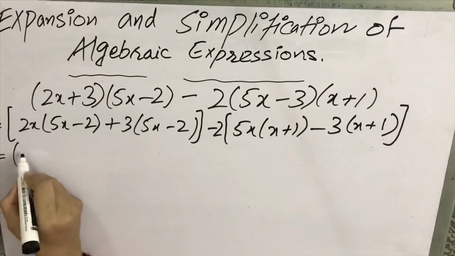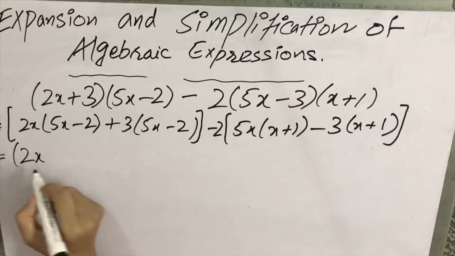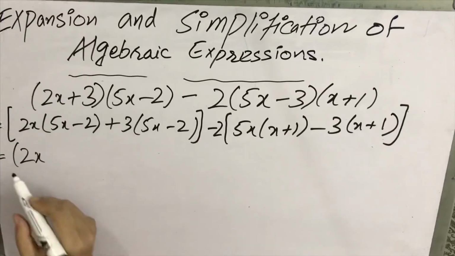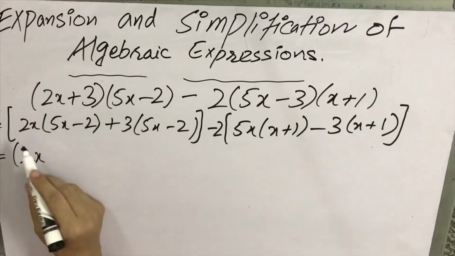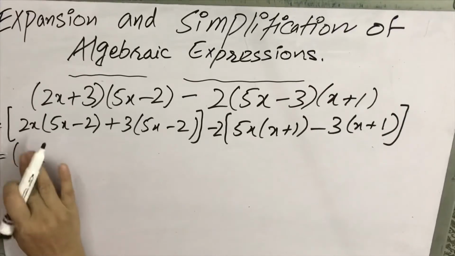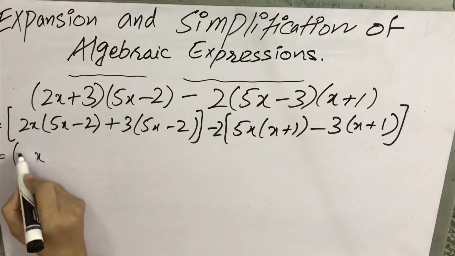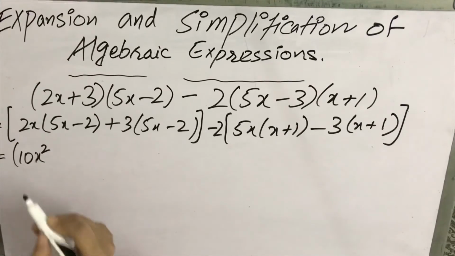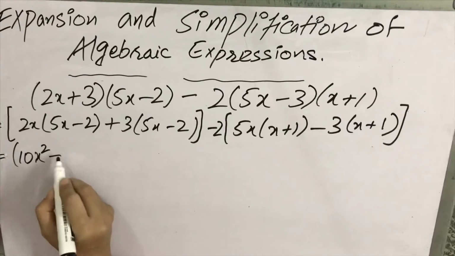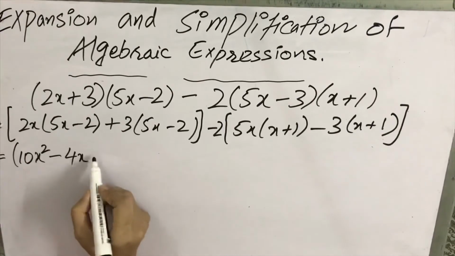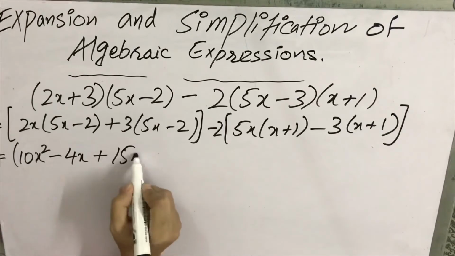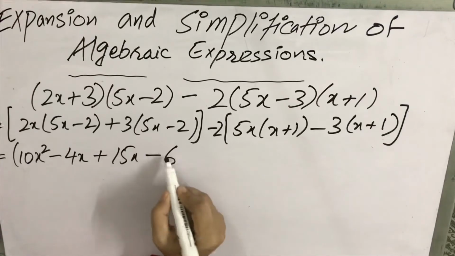When we open it, I shall make this bar bracket or square bracket a small bracket, round bracket. 5 2s are 10x square, 2 2s are 4x, negative, plus 3 5s are 15x minus 3 2s are 6.